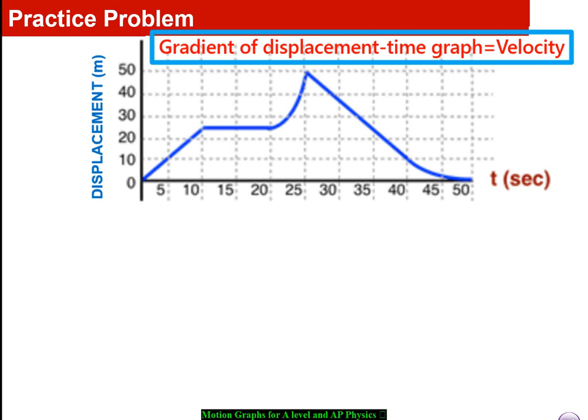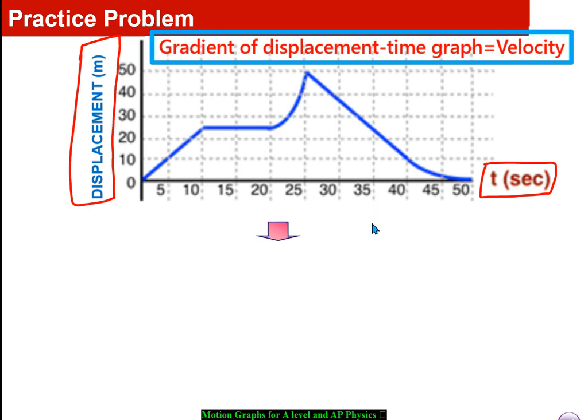You can see here, in this case, what is given to us is this graph, and we have displacement on the y-axis. This is the displacement given to us, and on the x-axis we have time. What we need to do is simply sketch the velocity time graph for this displacement time graph. So how can we do that?